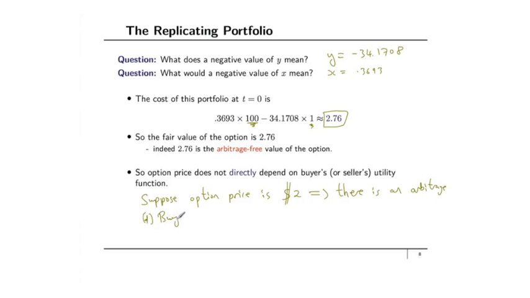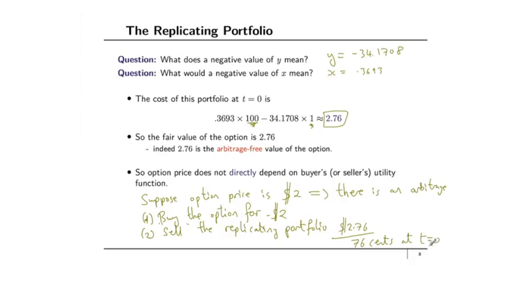I can buy the option for $2, and the second thing I can do is sell the replicating portfolio. So I can do the exact opposite of this replicating portfolio. I could short sell 0.3693 units of the stock, and I could invest $34.1708 in the cash account. That will bring me in $2.76. This will cost me minus $2, so I will get a net profit of 76 cents at t equals 0.